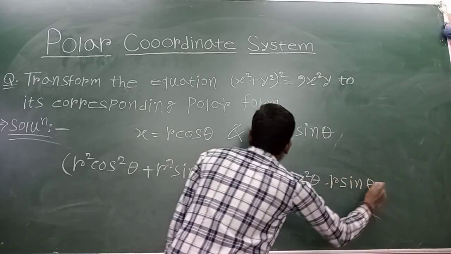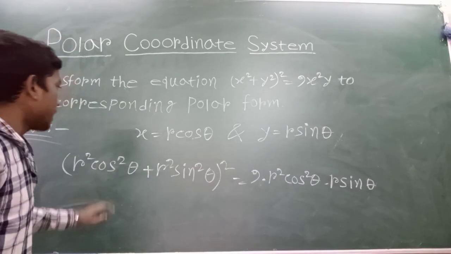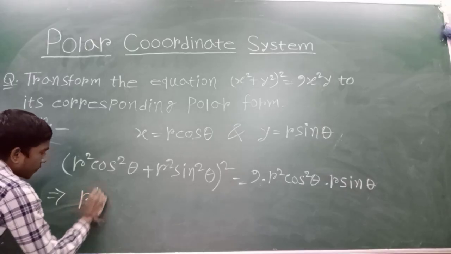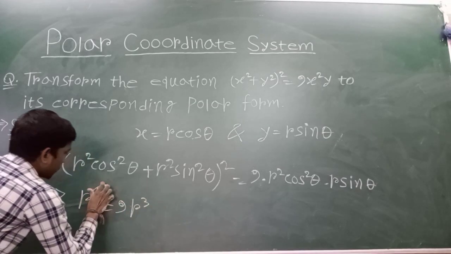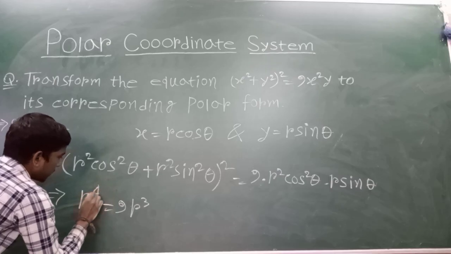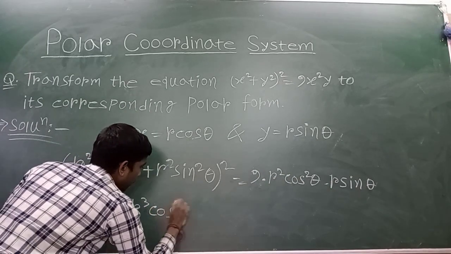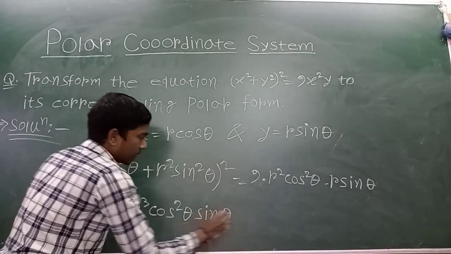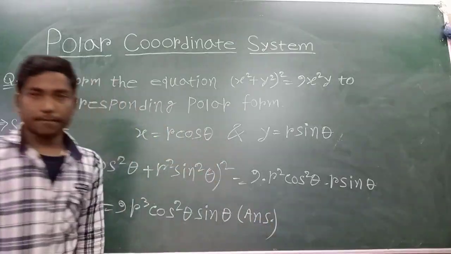Then if we take r square common, sin square theta plus cos square theta is equal to 1, and here is the whole square. So this becomes r to the power 4 is equal to 9 r cube cos square theta into sin theta, and this is the required transformed equation in polar form.